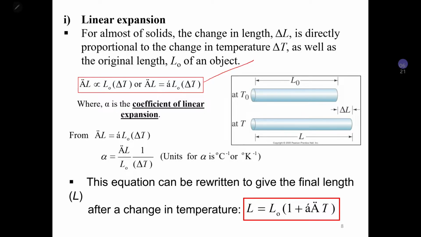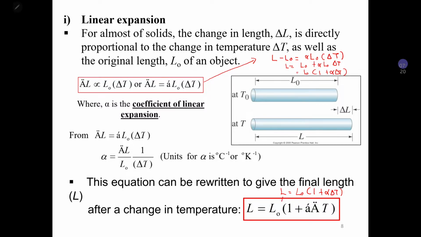From this relation we get the equation L minus L naught, where L is the new length and L naught is the original length, equal to alpha L naught delta T. When we make L the subject, we get L naught plus alpha L naught delta T. Then factorize L naught, and you will get 1 plus alpha delta T. So that's the equation here: L is equal to L naught times 1 plus alpha delta T. You can calculate the final length when you have an increase of temperature by using this equation.